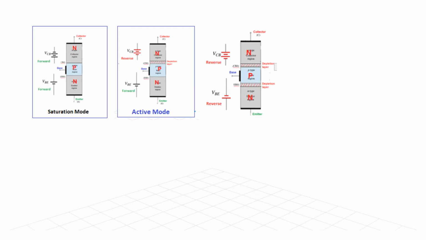We had already learned these three modes of operation: the saturation mode, the active mode, and the reverse mode. Now in reverse mode, the base emitter junction is reverse bias, and we are not concerned with this in this lecture, so we'll do away with that.